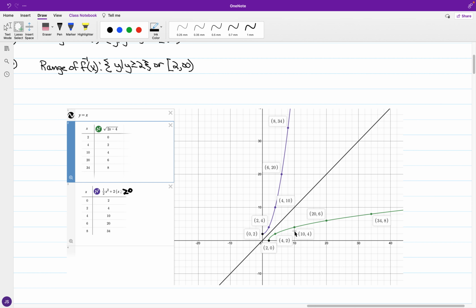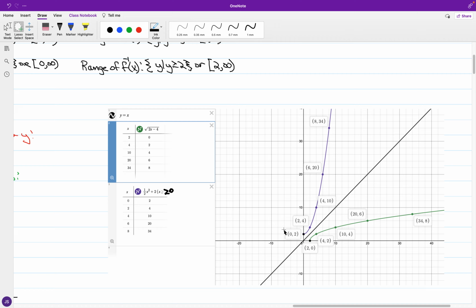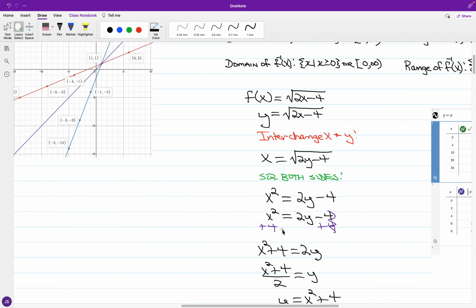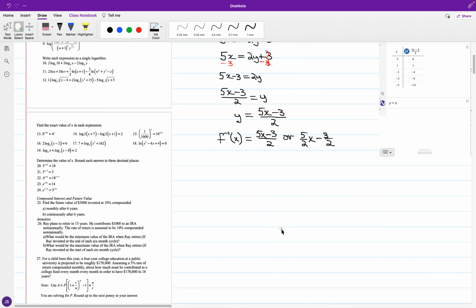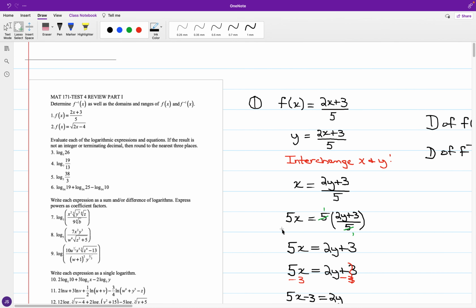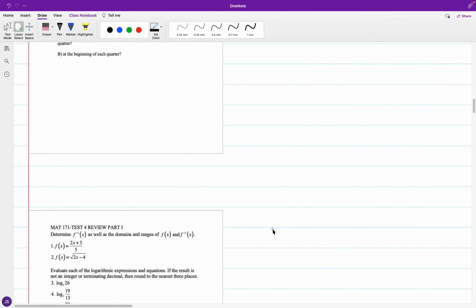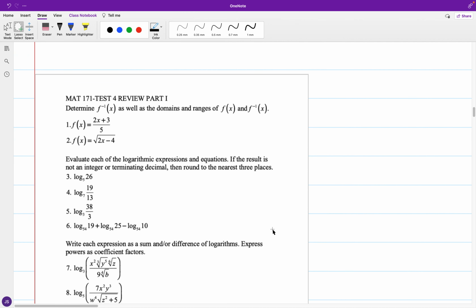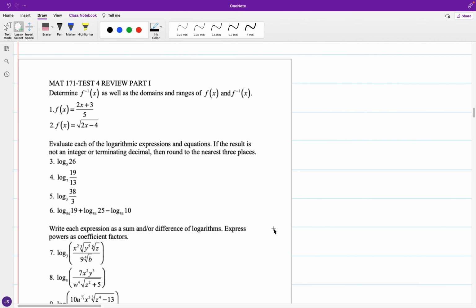All right, now crossing over to what we have concerning properties of logarithms. And among them, we've looked at the change of base formula. Now, I'm just going to scroll down. It says to evaluate each of the logarithmic expressions and equations.